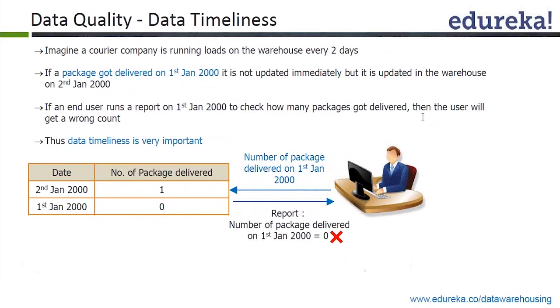So if a user is firing queries on 1st of Jan and needs the 1st of Jan transactions in your system, then you have to make your system maybe hourly or maybe once in 2 hours. You have to update your data warehouse. Otherwise, it's not accurate from the user's perspective. So data timeliness is also one of the data quality perspectives.